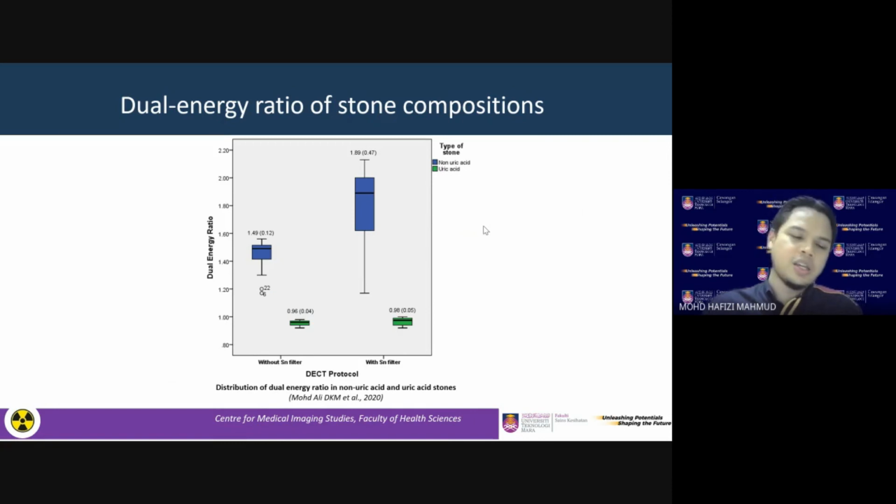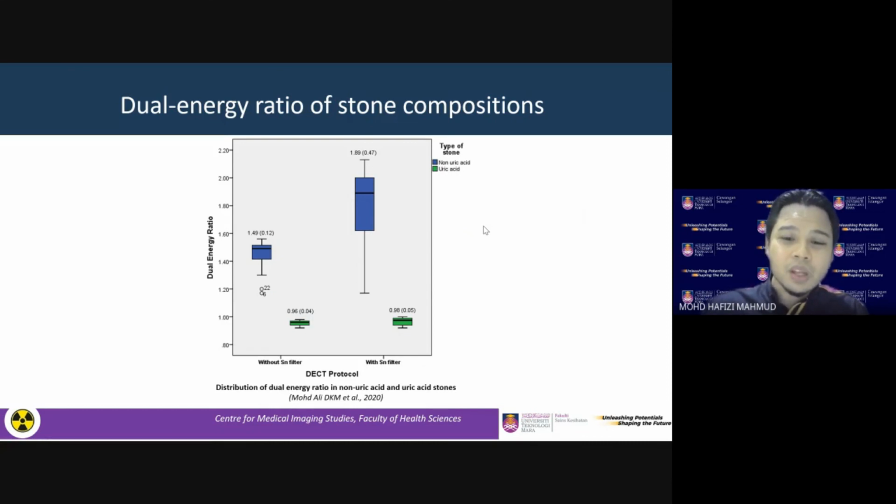Remember in dual energy we use two energies: the low energy of 80 kVp and the high energy of 120 kVp. The ratio of high energy over low energy gives us the dual energy ratio.